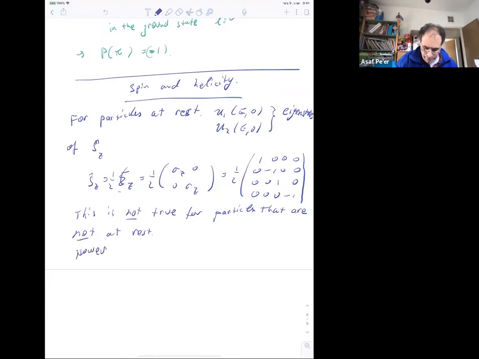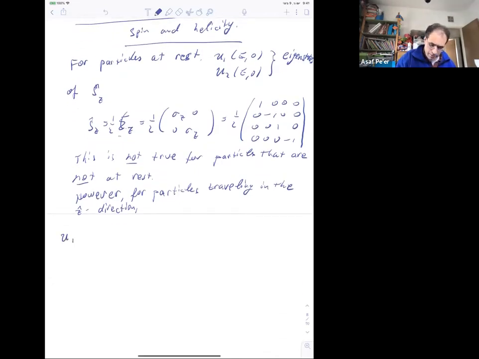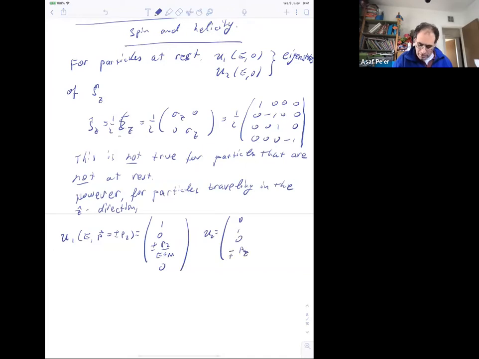However, for particles traveling in the z direction, then we do get, if we write it down, U1 of E and p is 1, 0, plus minus pz over E plus m, and 0. Of course, the same for U2, which is 0, 1, 0, and then minus plus pz over E plus m.